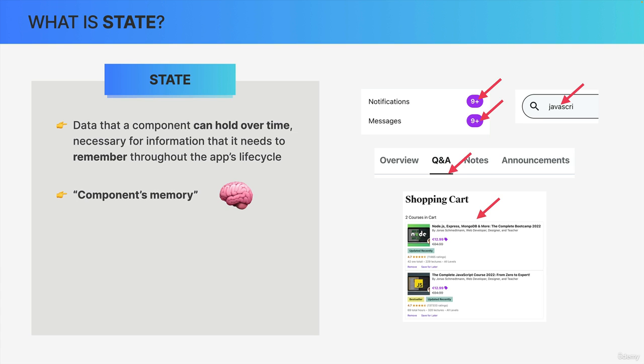For example, when they read a notification, the count will go down by 1, or when they click on another tab, that tab will become active. And therefore, each of these components needs to be able to hold this data over time, so over the lifecycle of the application. And for that reason, each of these pieces of information is a piece of state.